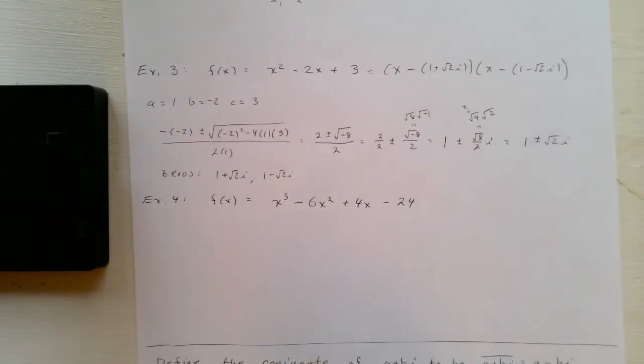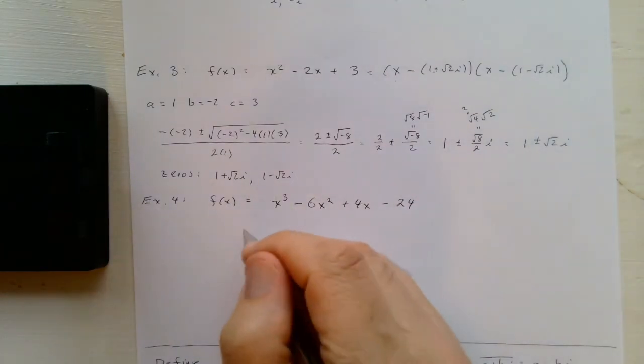If we look at example 4, we have a third degree polynomial. It turns out that 6 is going to be a 0. We can use the rational zero theorem to find the potential rational zeros, and in this case, it would be all the divisors of 24. And it turns out that 6 is one of them.